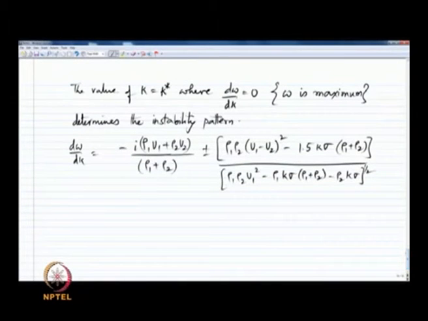So, again it is always useful to substitute some simple numbers. We will go back to the same numbers that we had before. Rho 1 is 1, rho 2 is 1000.